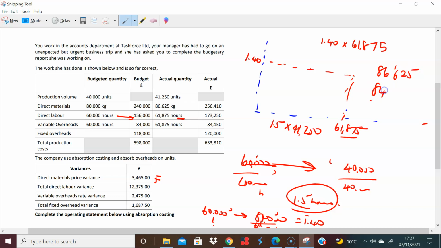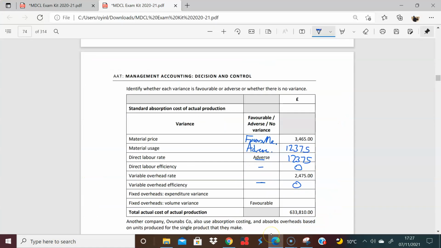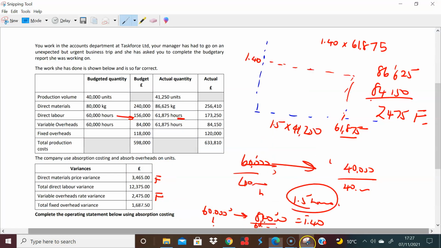But you've spent 84,150. And because you've spent 84,150, that comes out as 2,475. And this is favorable because you've actually spent less than you should have. So I can write here favorable.